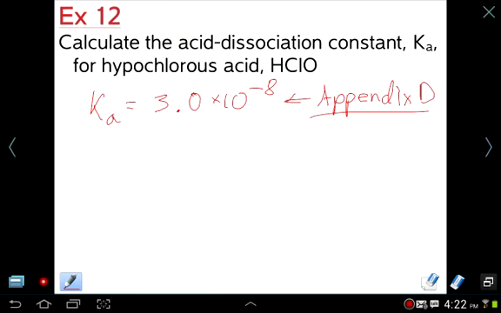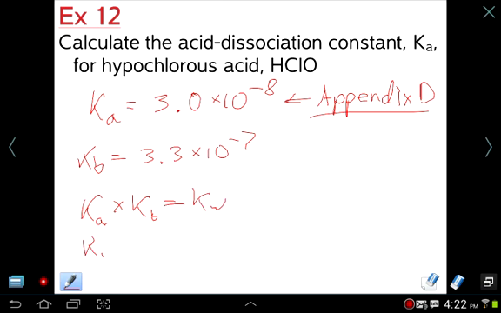So the Kb is 3.3 times 10 to the negative 7, and we said that Ka times Kb gives you Kw. So Ka, which is what we want to solve for, is Kw over Kb.